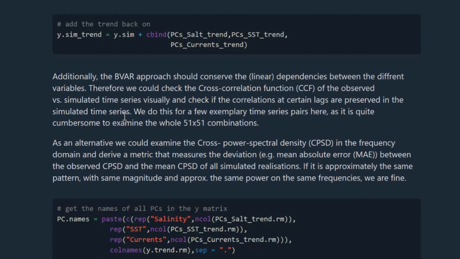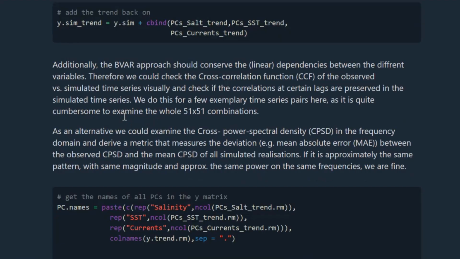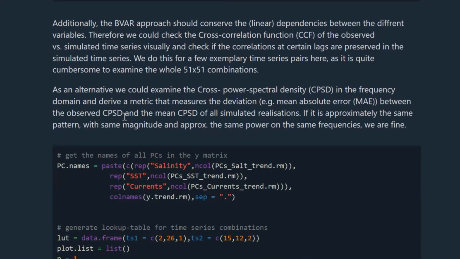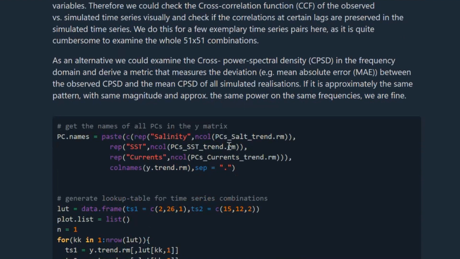But what we haven't seen or looked at is the cross correlation, and that's what we want to look at now. It's quite hard to look at 51 times 51 combinations. So I just show a couple of them.